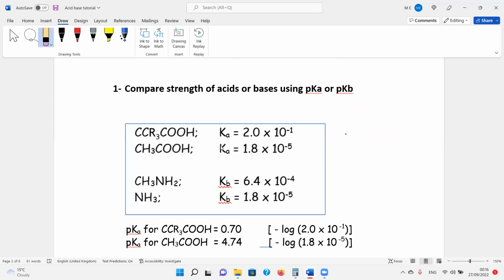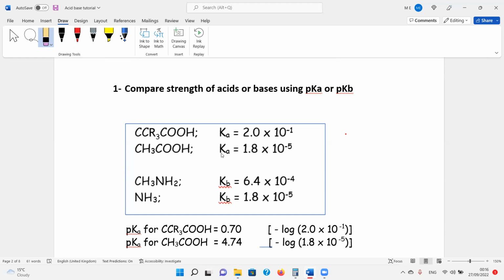So when there is Ka mentioned in a question, you should immediately understand that they are talking about a weak acid. They don't mention Ka for a strong acid. And if there is Kb in the question, you should automatically understand that they're talking about a weak base, because strong bases don't have their Kb value mentioned, for the same reason.